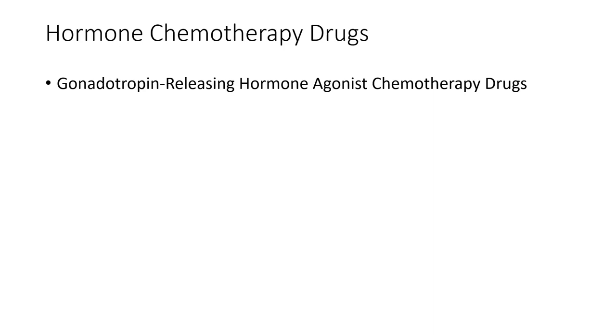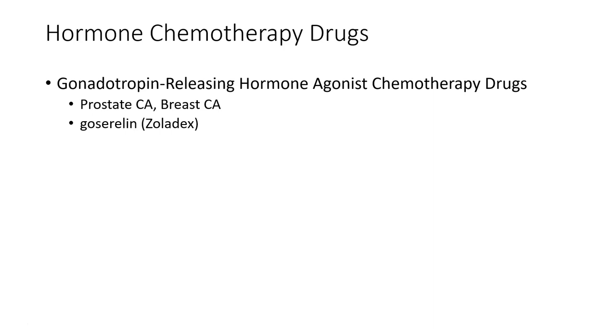They compete with the body's naturally produced hormones that maintain homeostasis via negative feedback, tricking the body to not produce testosterone that would feed a prostate cancer, or not to produce estrogen that would feed a breast cancer. So we use these drugs in treating prostate and breast cancer, and goserelin, which is known as Zoladex, is the prototype.